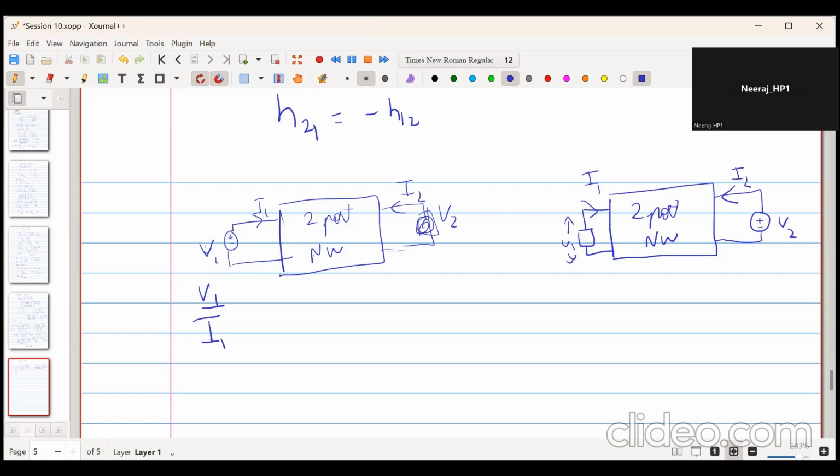So if the ratio of V2 upon I2, the input applied and the input current we see, is also equal to X, then we say that the network is symmetrical. And for Z parameters, V1 upon I1 can be found to be Z11. Similarly, V2 upon I2 will be found to be equal to Z22.